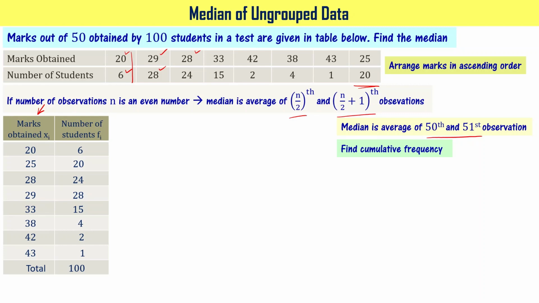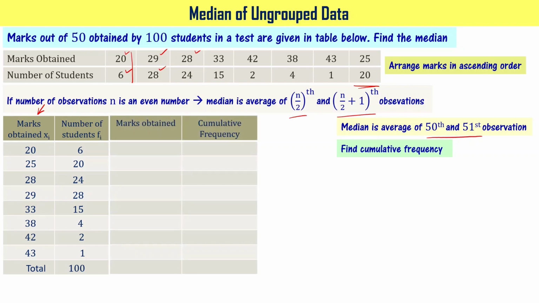Here we have written frequencies. Let's write cumulative frequency so that we can find what is the 50th observation and what is the 51st observation. So for that, let me write it like up to 20 marks, we have 6 people, that is cumulative frequency. Then up to 25 marks, you have total 20 plus 6, 26 people. That's what I have written. This is 6 plus this particular 20 is 26, right?